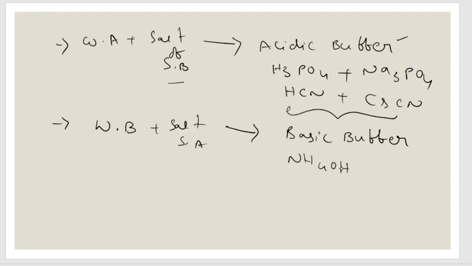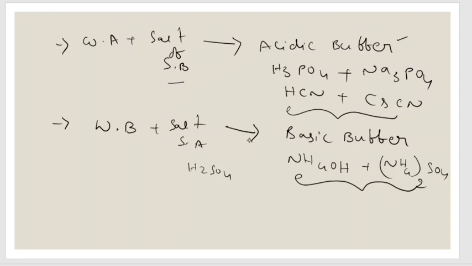And let's consider the salt of a strong acid. I'm going to consider the strong acid as H2SO4. Then its salt means ammonium sulfate, (NH4)2SO4. The mixture of these two can again act as a basic buffer.